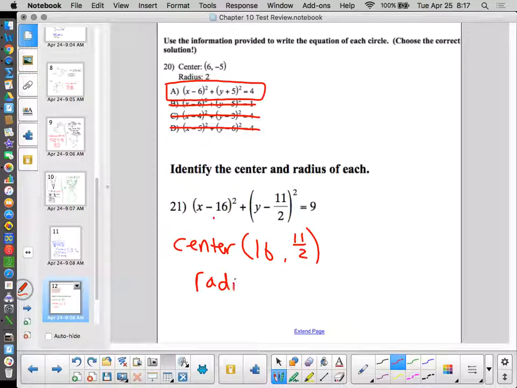Radius is what? Radius is the square root of 9, which is 3, because it's r squared in my equation, right? It's x minus h squared plus y minus k squared equals r squared, like a squared plus b squared equals c squared, Pythagorean theorem. Everything's squared.